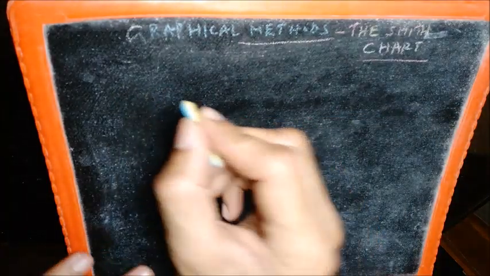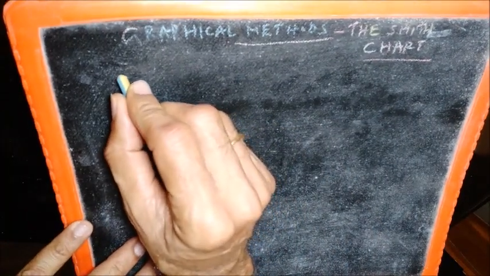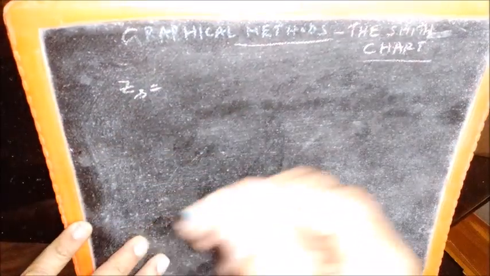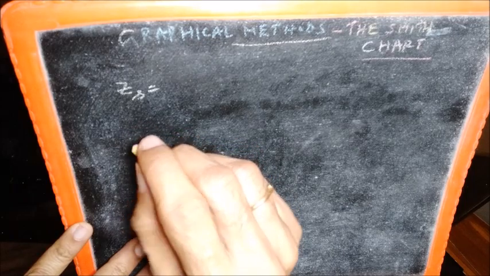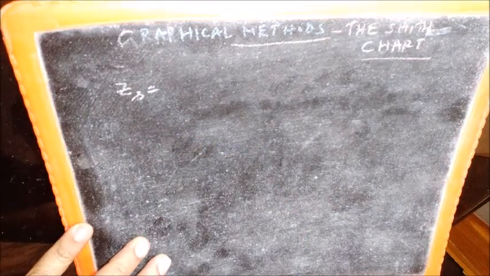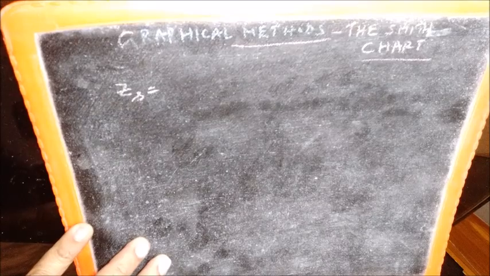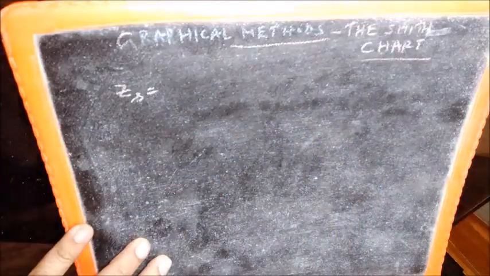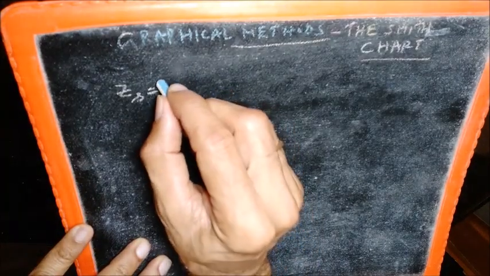calculations. So we start with the expression ZS, that is the line impedance. Remember, if S is 0, it is the load impedance, because we have our load at S equal to 0, and for other values of S, it is the impedance at a particular point on the transmission line.